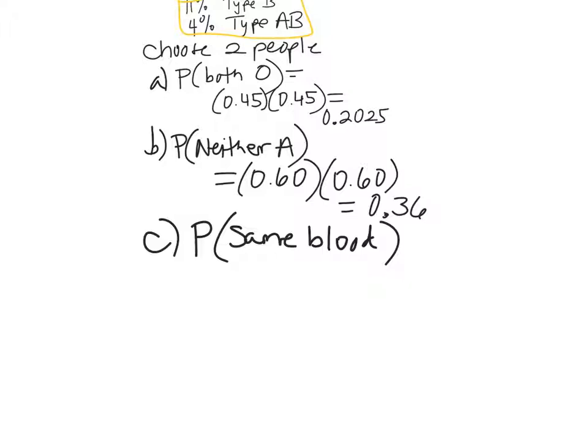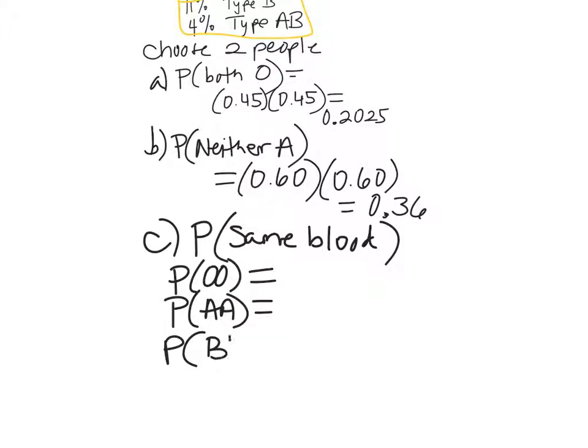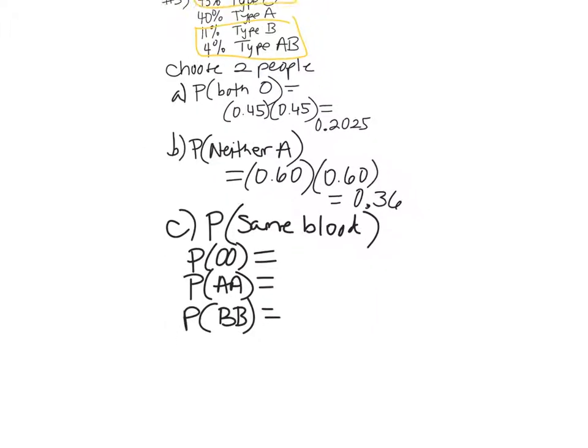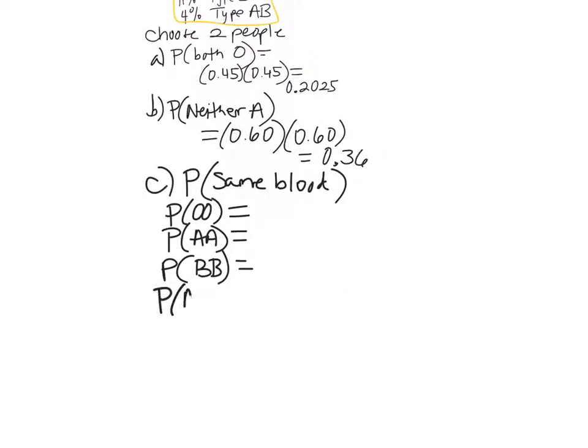So we want to find the probability of OO. That's one way that we can get the same blood. We want to find the probability of AA, the probability of BB, and the probability of ABAB. I know, right? Okay, and so you get them all. So we're going to go 0.45 times 0.45, which we already got, 0.2025.